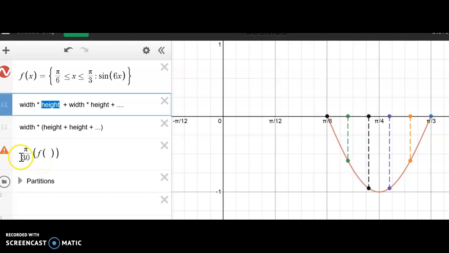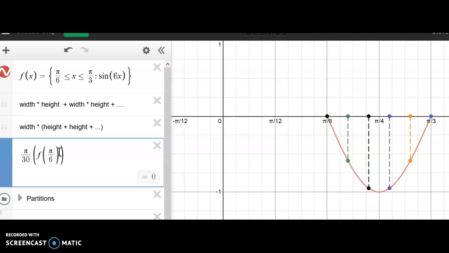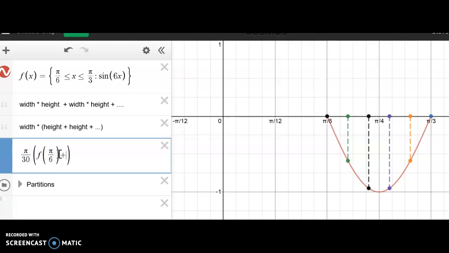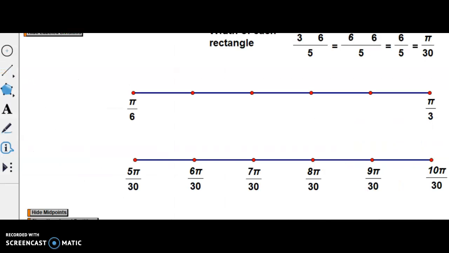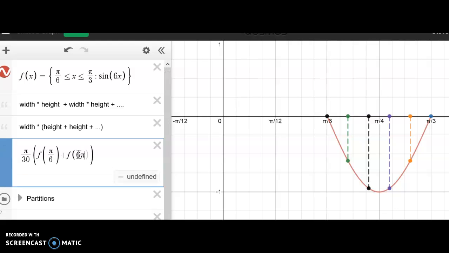So we know the width is pi over 30, and again, I need to find the height using the function. So my height there is going to be f of pi over 6. I'm going to add to that f of, well, if you remember what our divisions were, the next one is 6 pi over 30. I'm not even going to reduce that. I'm just going to call it 6 pi over 30. In fact, I can make this one 5 pi over 30, right?